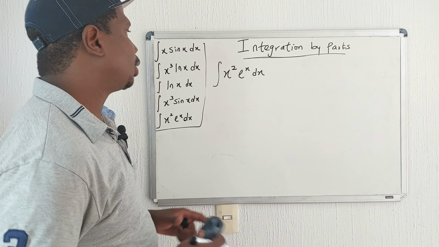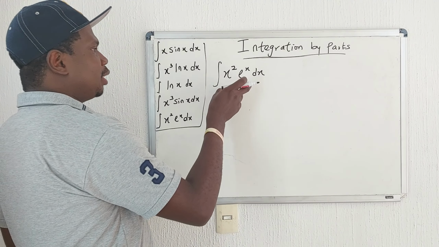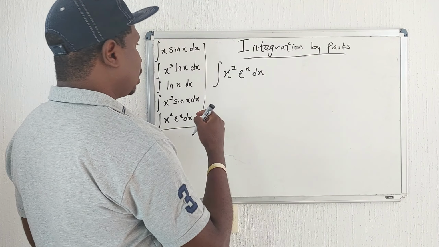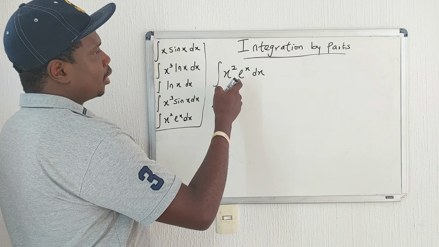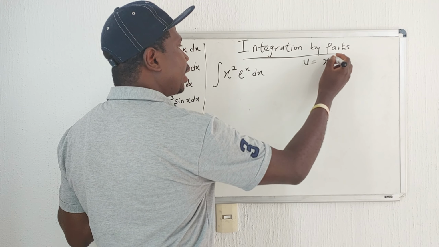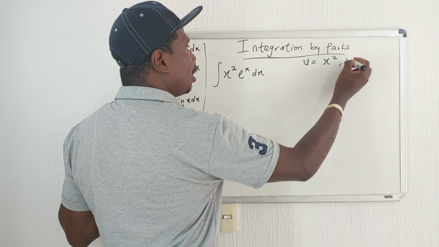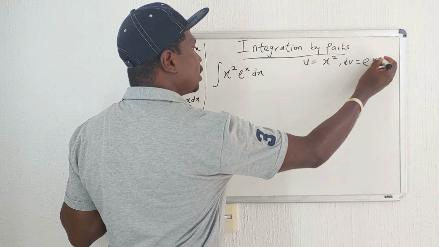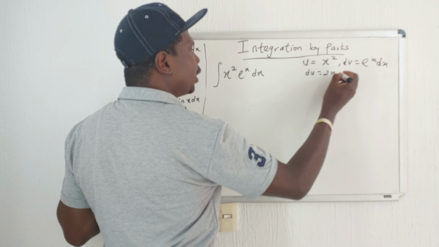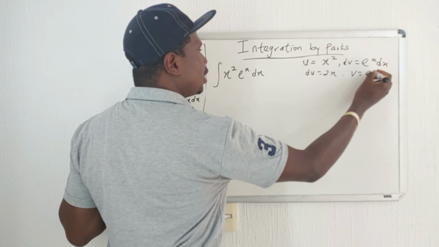Now for our final question, we have integral of x squared e to the x dx. So the same way, exponential should be the last. So our u is x squared. Our dv is what? e to the x dx. The du is what? 2x. Our v is what? e to the x.